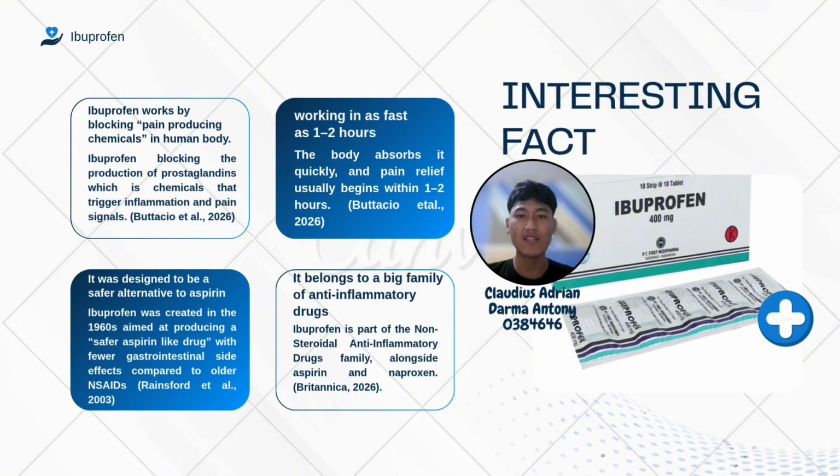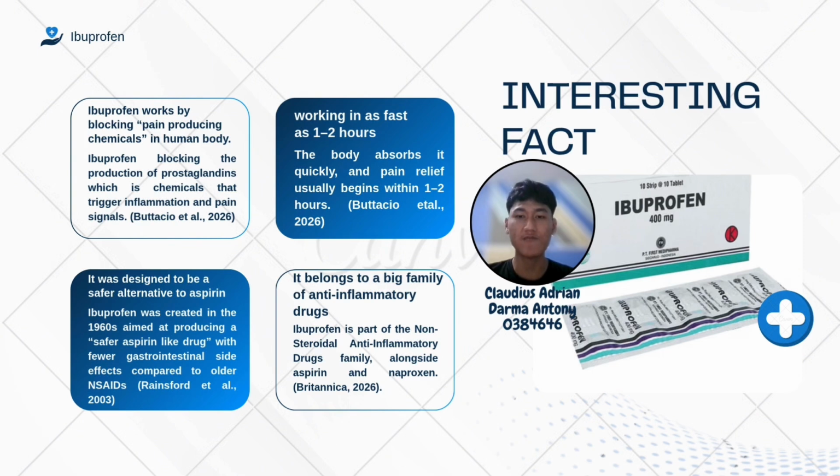Researchers aimed to create a drug that could provide similar pain-relieving effects while causing fewer gastrointestinal side effects compared to older anti-inflammatory medication. Lastly, ibuprofen belongs to a larger group of medicines known as non-steroidal anti-inflammatory drugs.